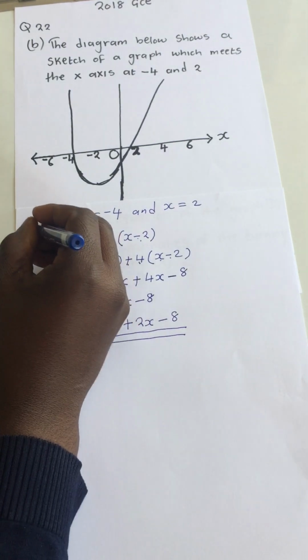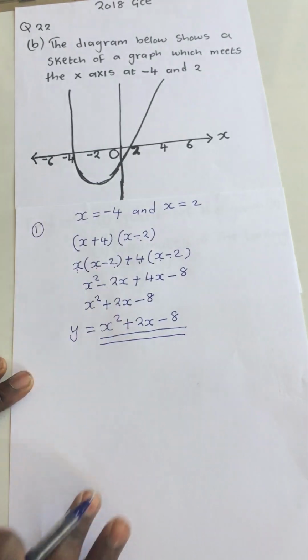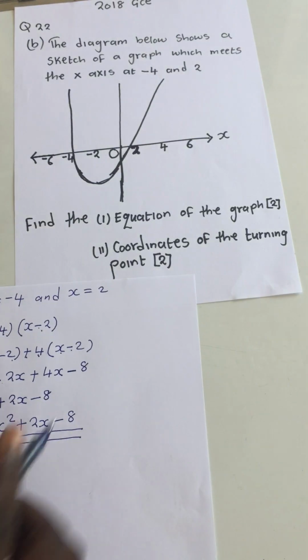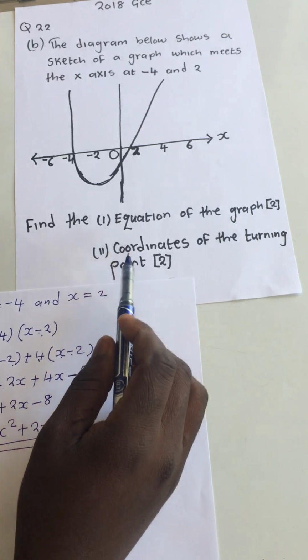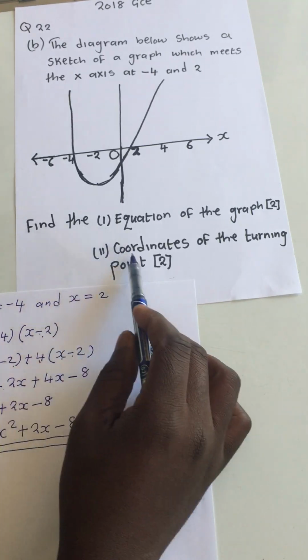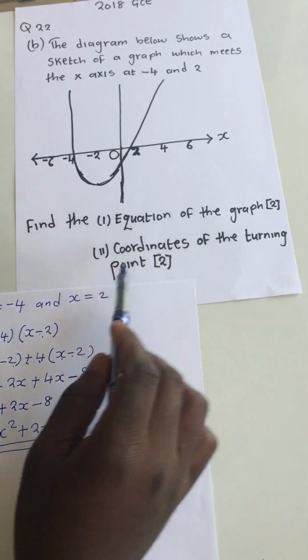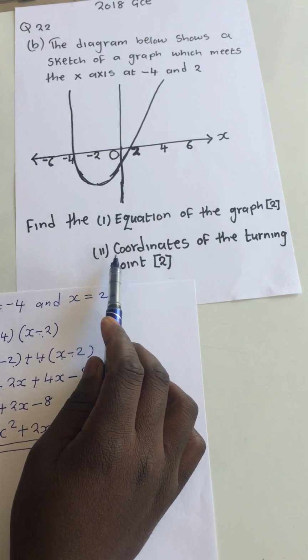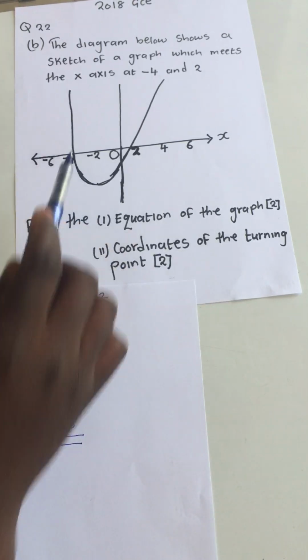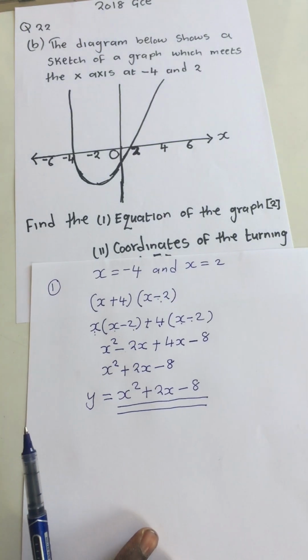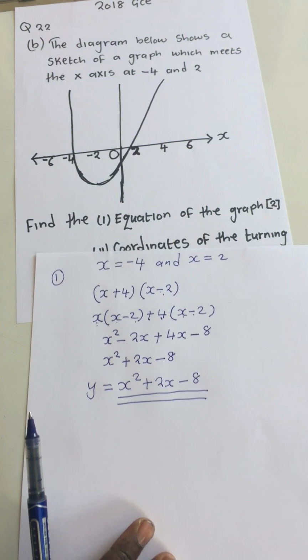This was question 1. Now we come to question 2. Question 2 reads, find the coordinates of the turning points. They want the coordinates of the turning points of this graph. So how do you find them?